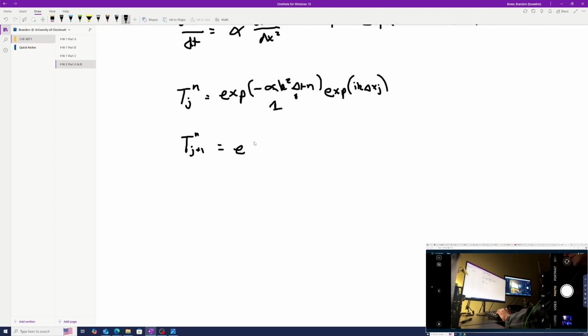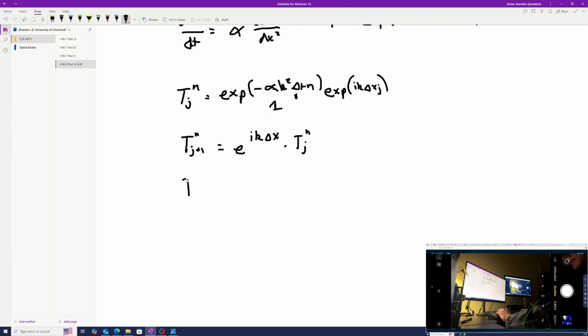So we have e to the I k delta x, and this is going to be multiplied by our temperature at our current position, so t j of n.